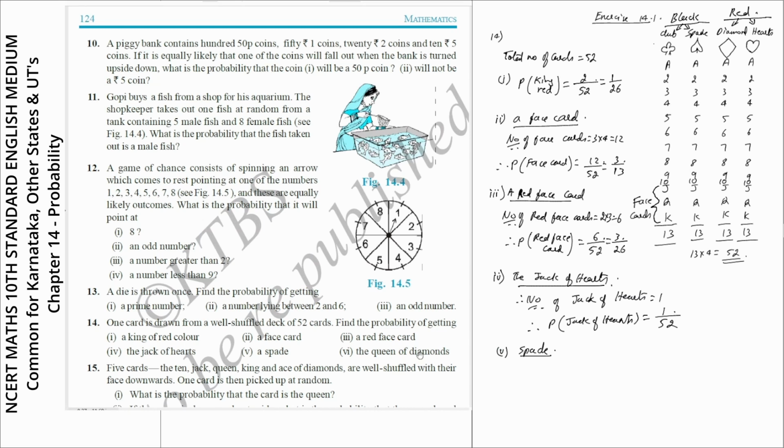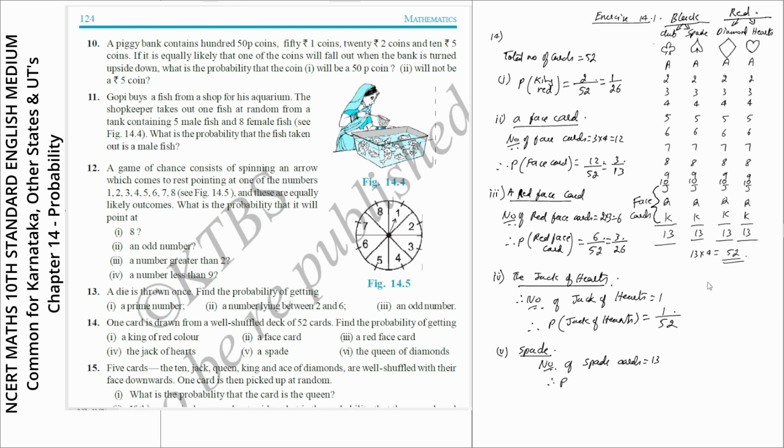Fifth sub question, what is the probability that a spade card is picked? So you can see the number of spade cards are 13. So in spade there are 13 cards. Therefore, number of spade cards is equal to 13. Okay.